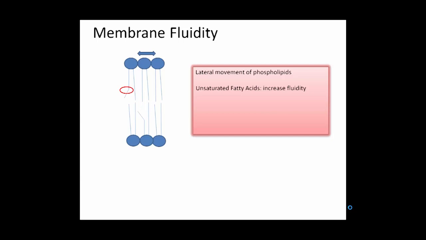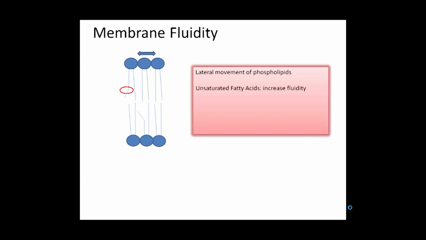You never want your membrane to stop moving, or what happens is you're no longer transporting substances. The cells aren't getting what they need, and so they're not going to be able to function for very long without this movement.